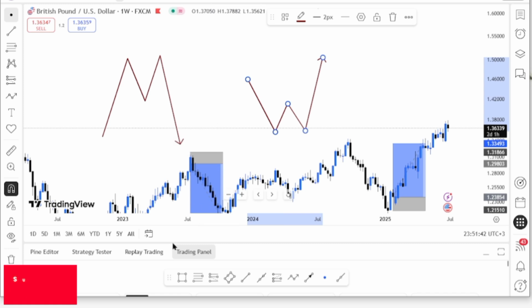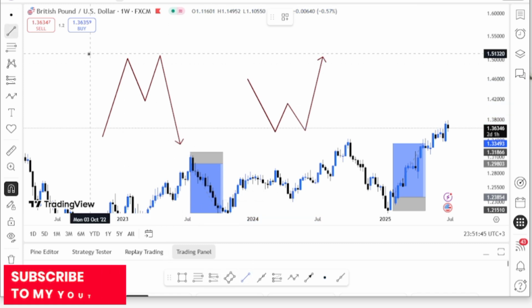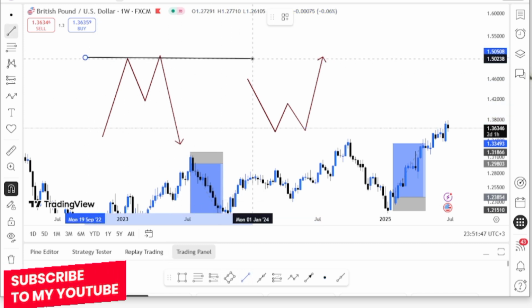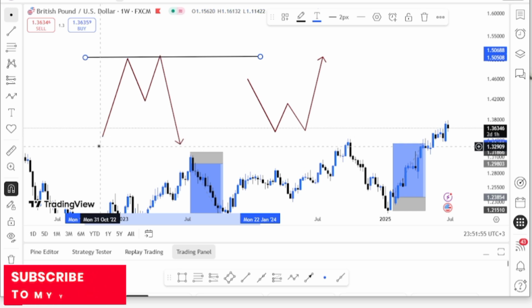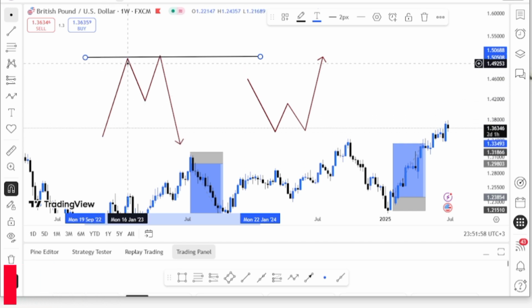Let's take this for example. This is a support area. These are resistance. The market was coming from here, went bullish, going up to this point.